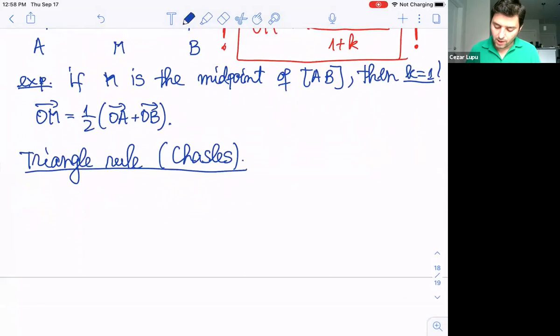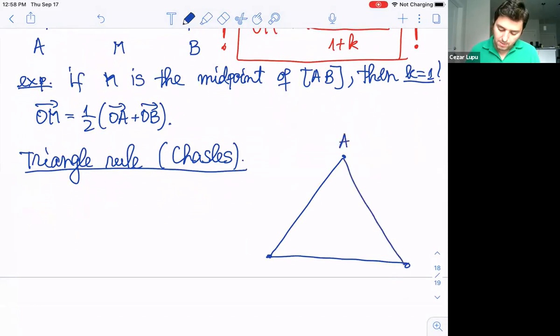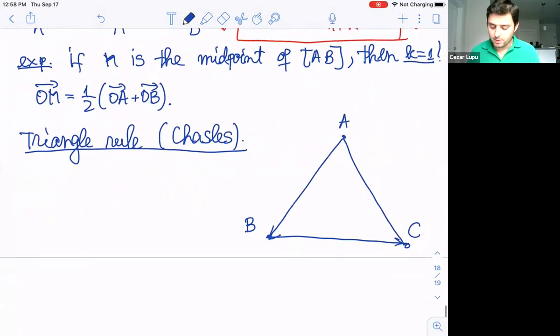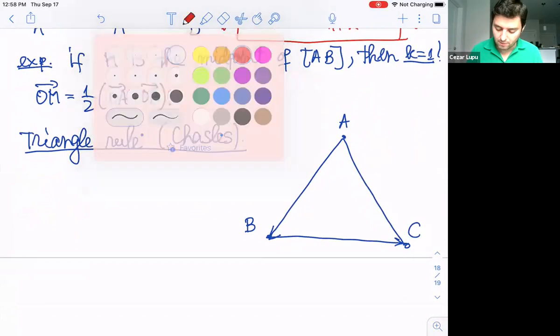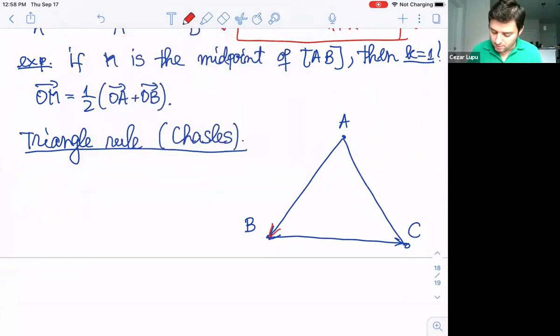So let me draw the triangle here. This is A, B, C. And I'm going to start from A, go from B to C. Well, it's the same thing as saying that, so if I go like this, it's the same as going from A to C.